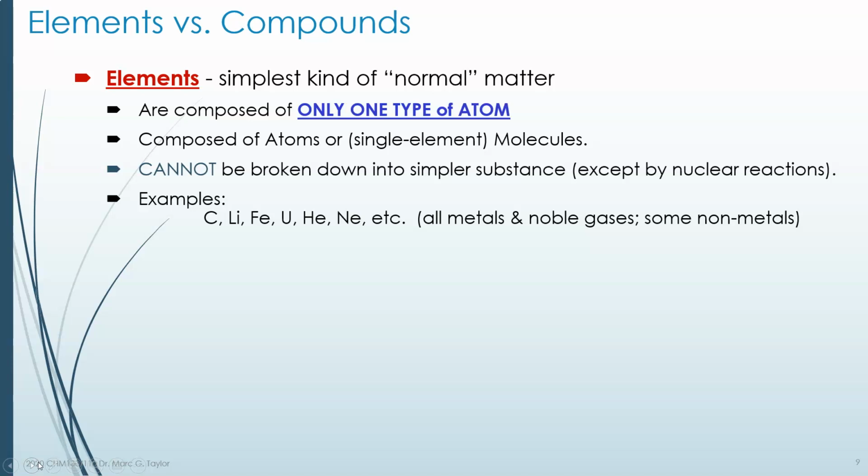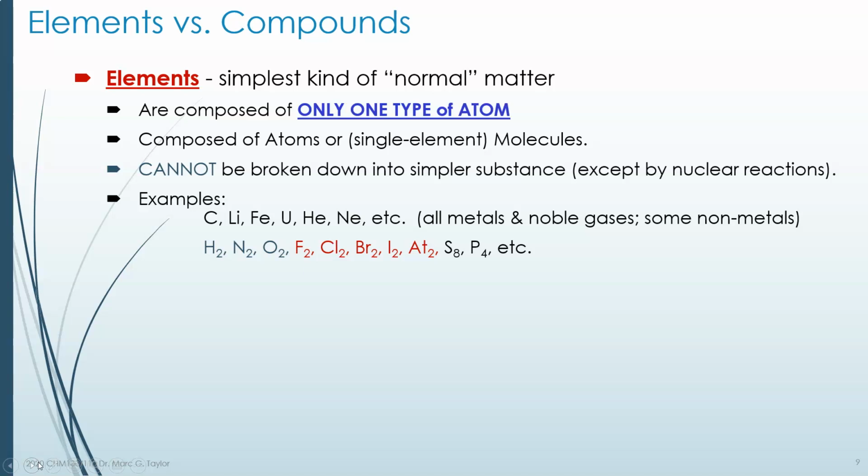So these are the single atom forms of elements, but we also have elements that are composed of 2 or more atoms. We have the 8 elements that are typically found as what we call diatomic molecules. That is, they are formed of 2 atoms, di meaning 2, atomic meaning atoms.